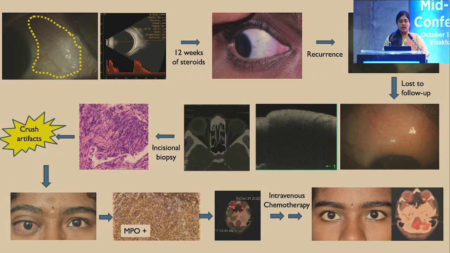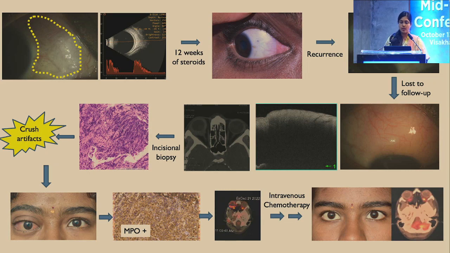So to conclude, our patient presented with an elevated nodular lesion and subtenon fluid in subsequent follow-ups. After 12 weeks of steroids, the lesion significantly reduced, and after 2 weeks there was recurrence and she was lost to follow-up and later presented with a diffuse lesion and proptosis, and CT showed soft tissue densities around the globe.